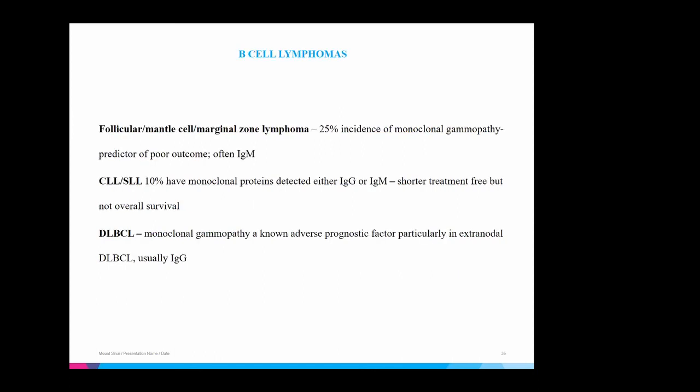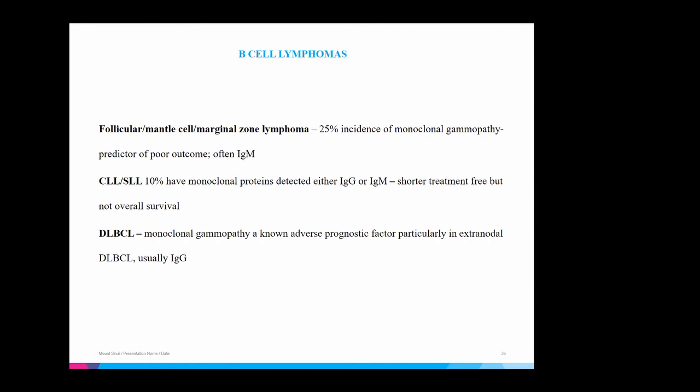As far as the B-cell lymphomas go, a surprising number of patients with B-cell lymphomas have monoclonal gammopathies associated. So the follicular, mantle cell, marginal zone, low-grade lymphomas have a 25% incidence of monoclonal gammopathy.